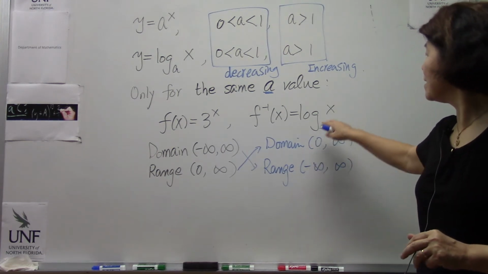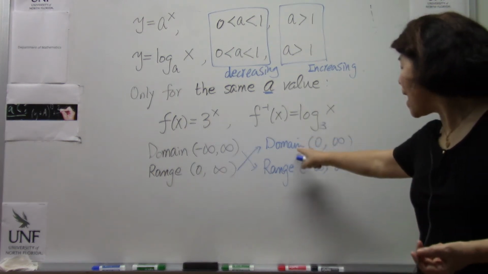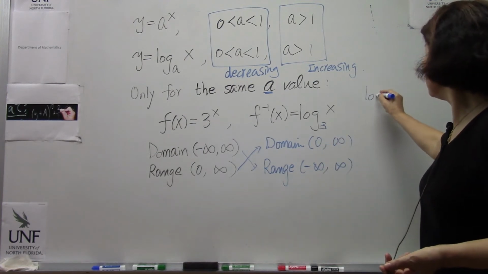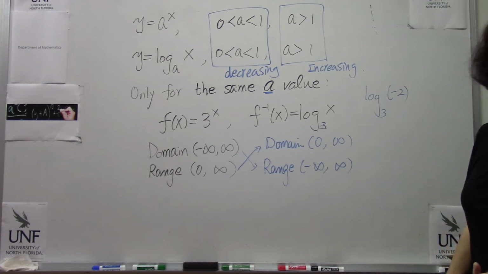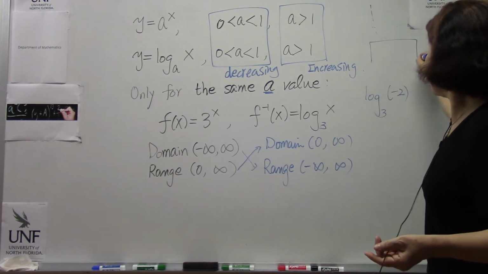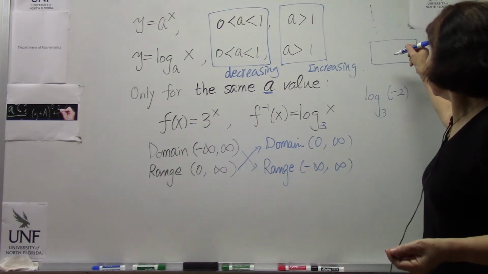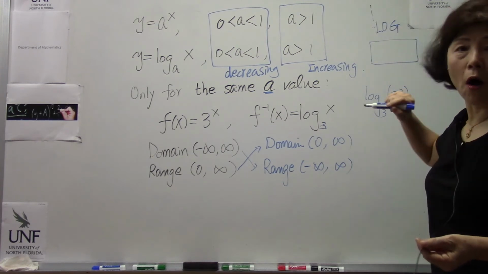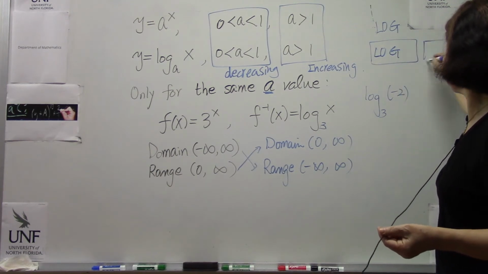On the other hand, for a logarithmic function, the domain is positive real numbers. Therefore, you cannot take, for example, log of negative 2 to base 3. You cannot do that. So pick up your calculator. You will need a calculator for today's class. Pick up the log key, and then enter negative 2.